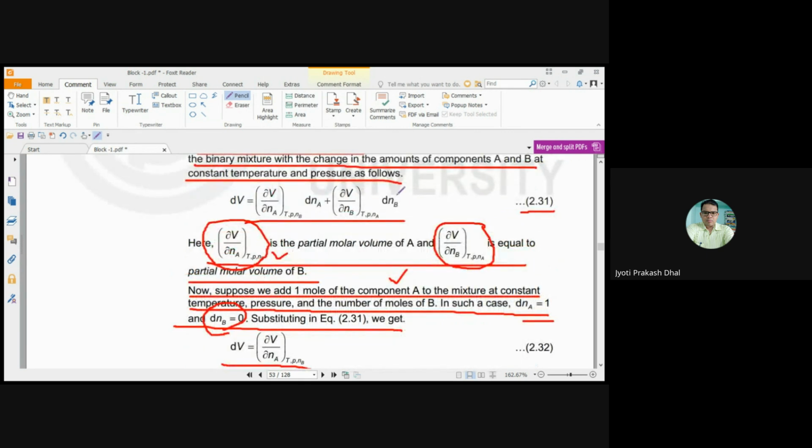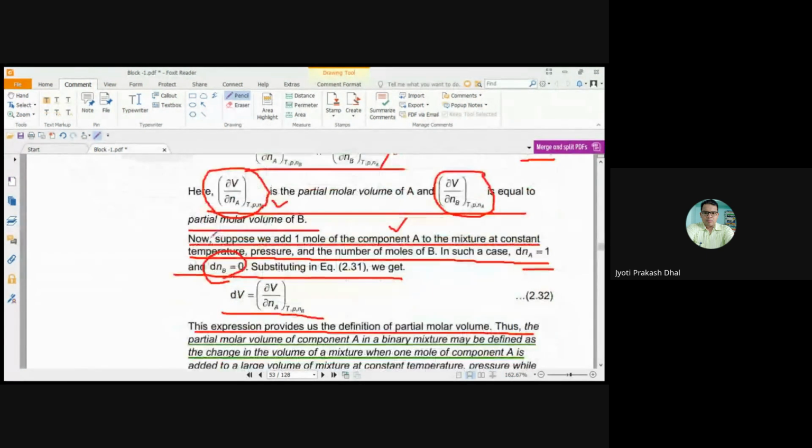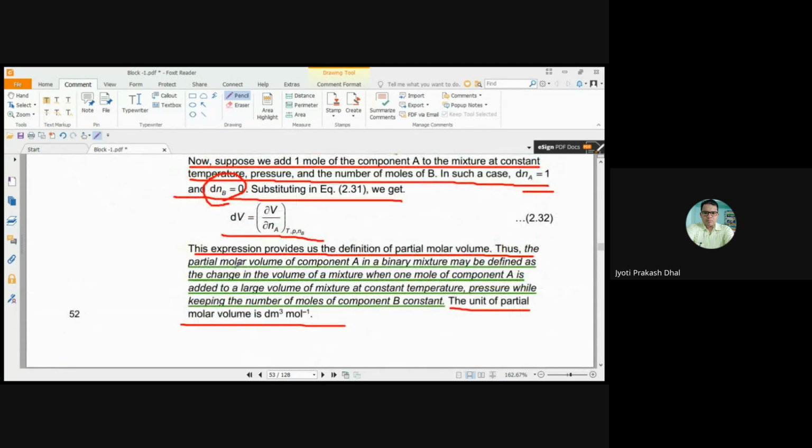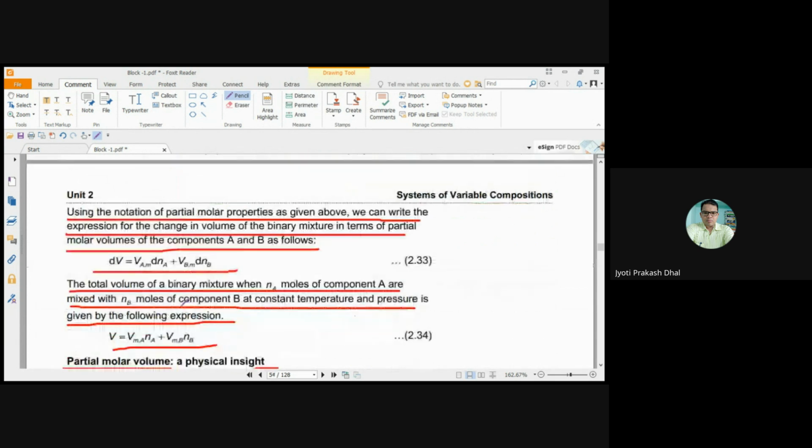So dN_B will be 0, and hence the second term will be completely 0, and the final equation will become dV equals del V by del N_A at T, P, N_B. So this expression provides us the definition of partial molar volume. Exactly similar to the definition we derived for partial molar property, the same definition is applicable for partial molar volume.